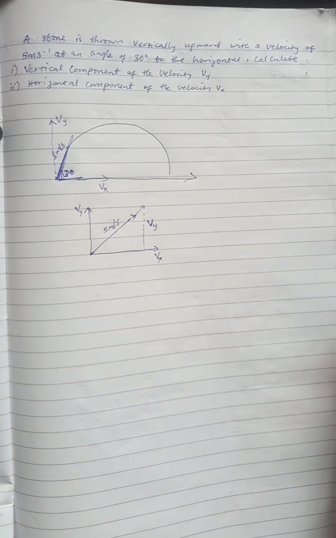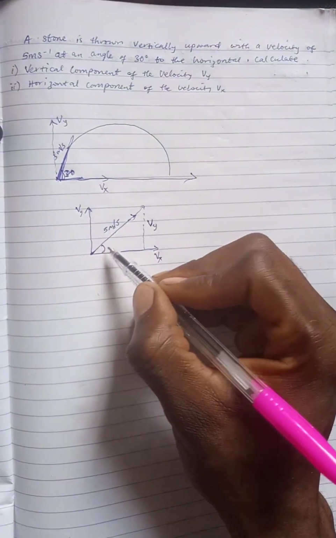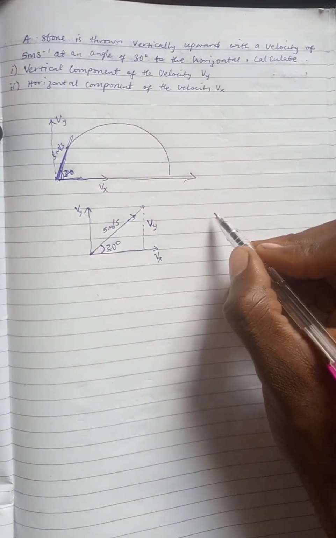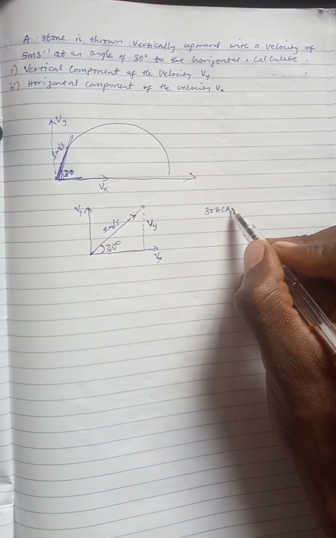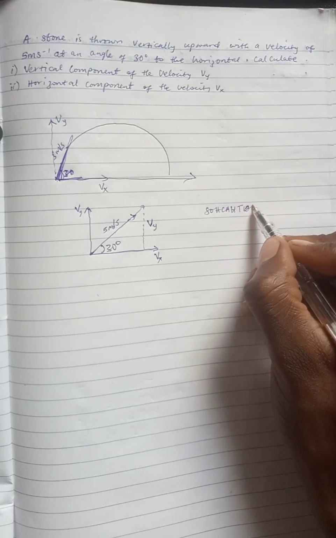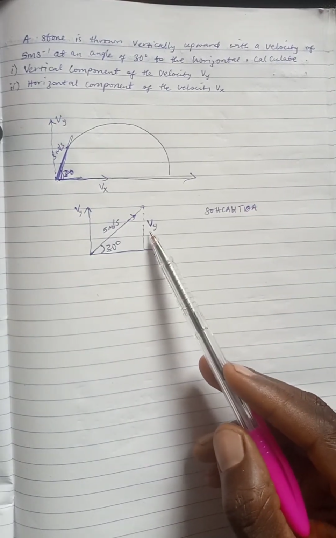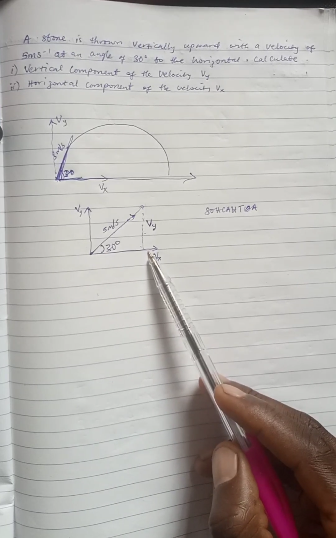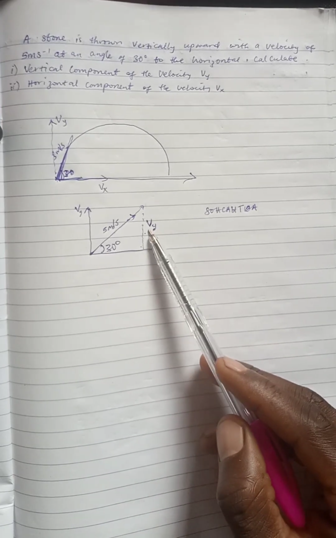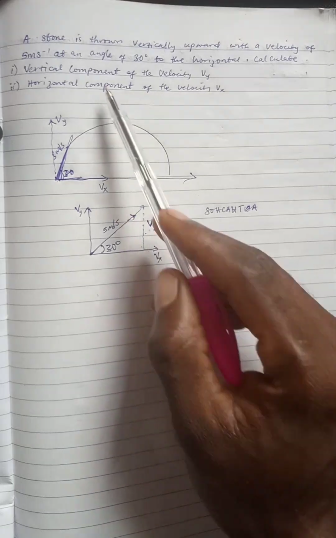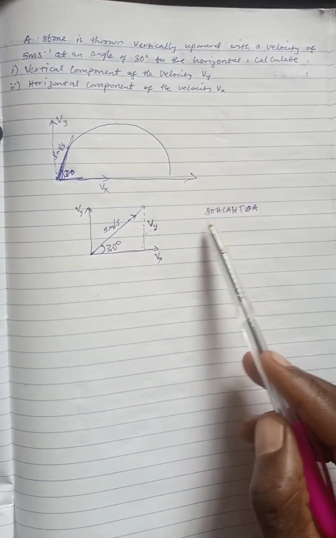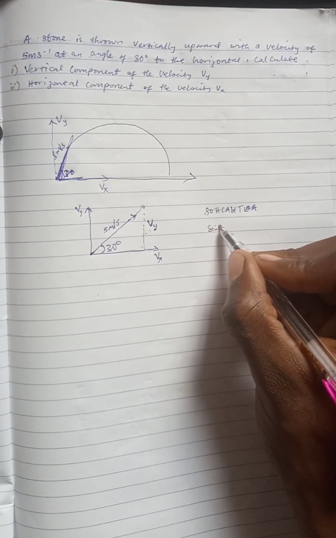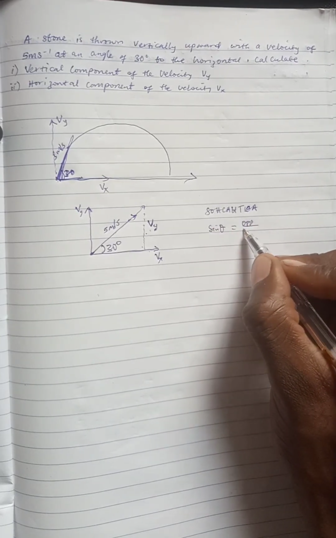So what we do here is nothing but to apply SOHCAHTOA. Remember that the angle here, they told us, is 30 degrees. So if I apply SOHCAHTOA, for the vertical component, that is the opposite, and for the horizontal component, that is the adjacent. So which of these formulas has opposite, for us to get the vertical component? Here we have that sine theta is equal to opposite over hypotenuse.